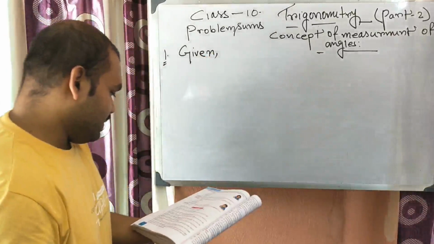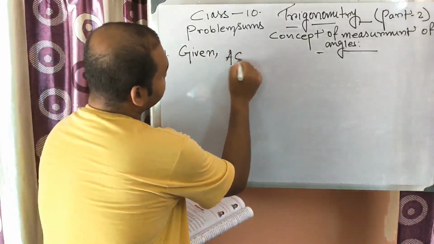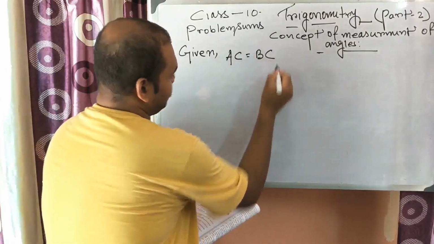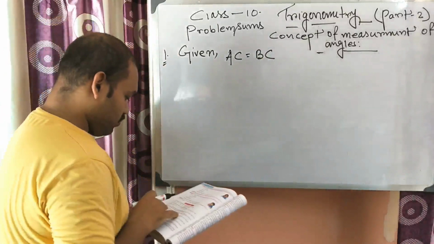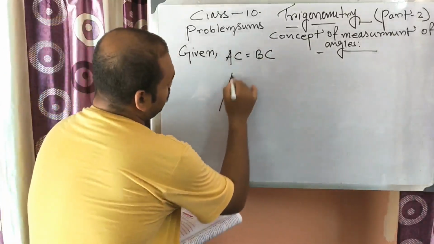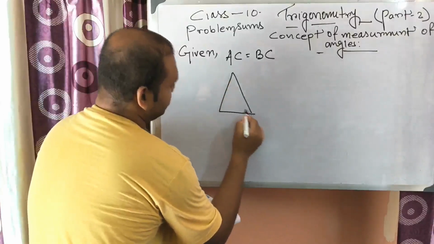Given that AC is equal to BC in triangle ABC. So draw a triangle ABC like this.